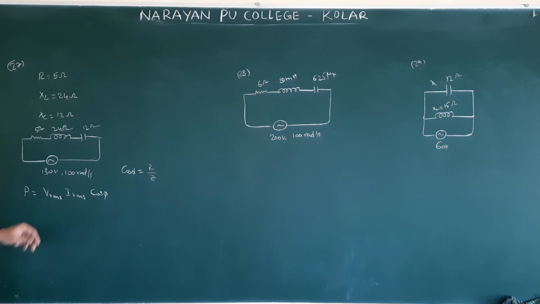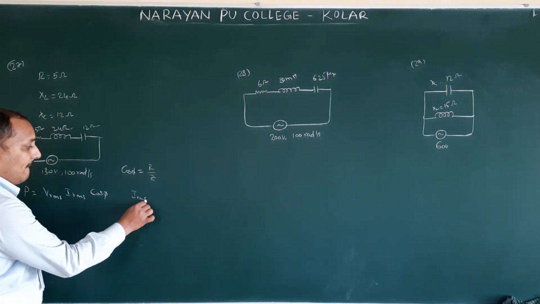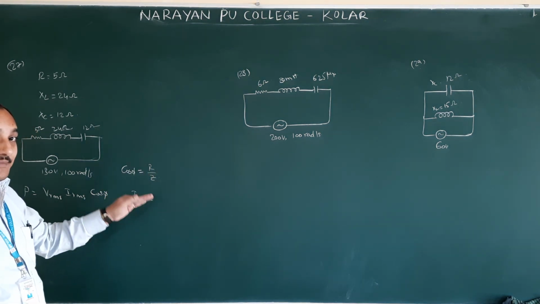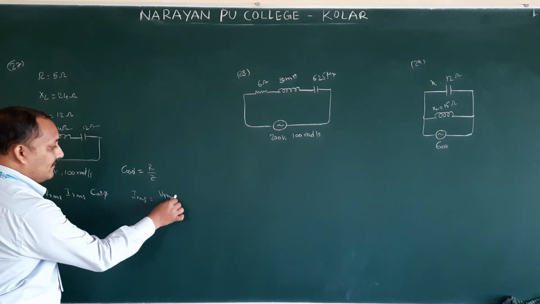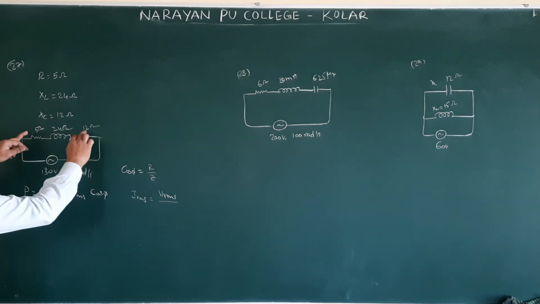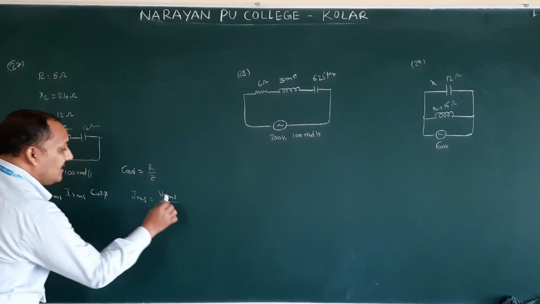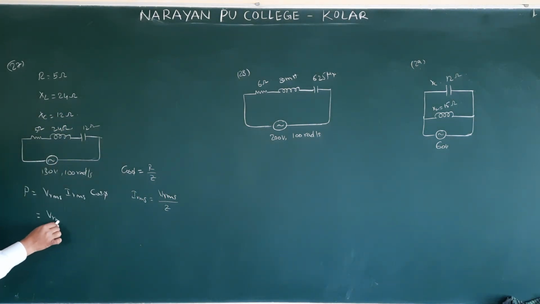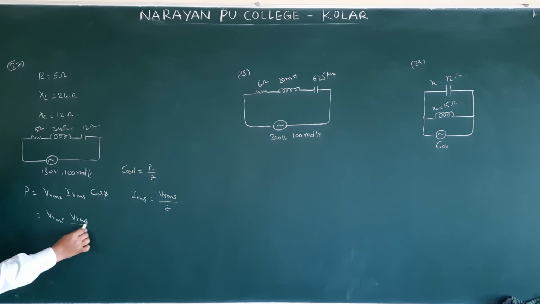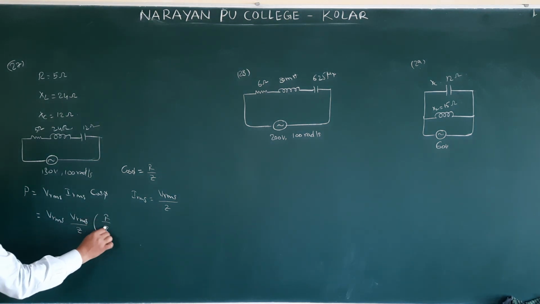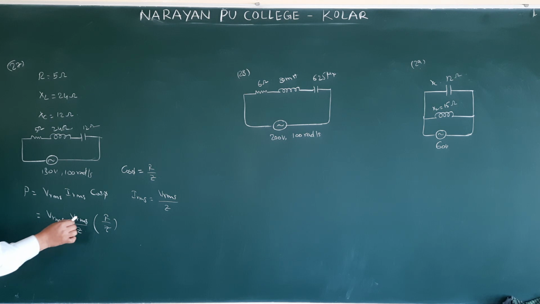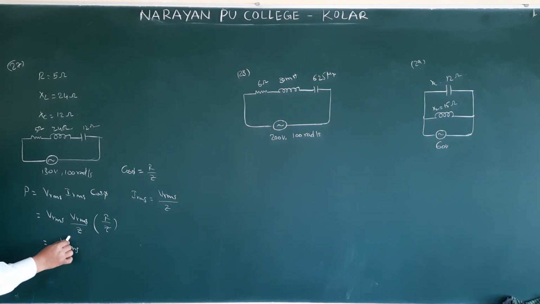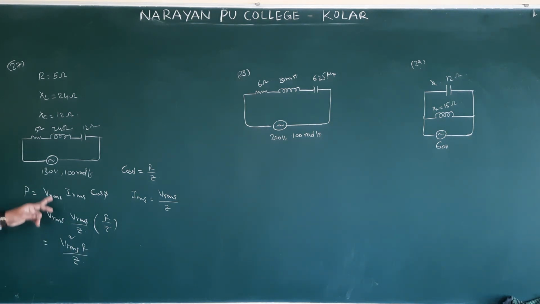But IRMS is nothing but voltage by resistance, that is VRMS by the resistance of the total circuit, that is only Z, the impedance. Therefore VRMS by Z, R by Z. This one only we can write as VRMS square by Z times capital R by Z. VRMS is 130, R value they give 5 ohm.